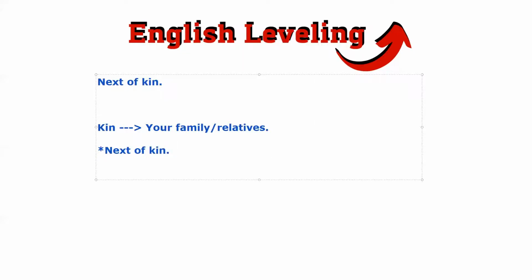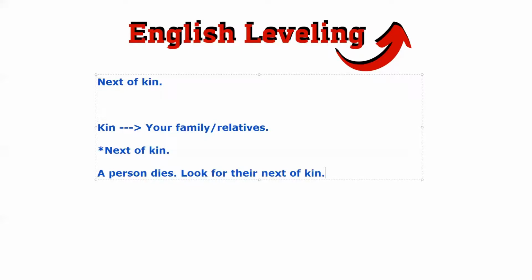Well, first off, let's think about when we use this phrase. We use this phrase when a person dies. When a person dies, we want to look for their next of kin.